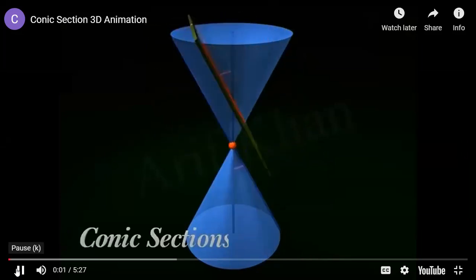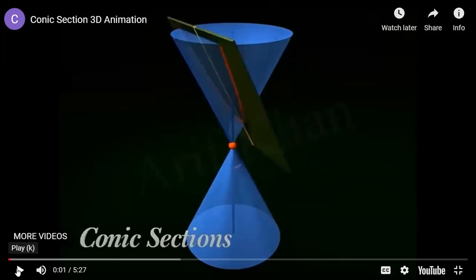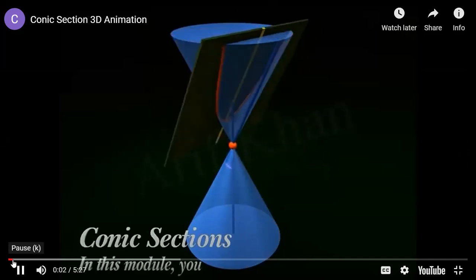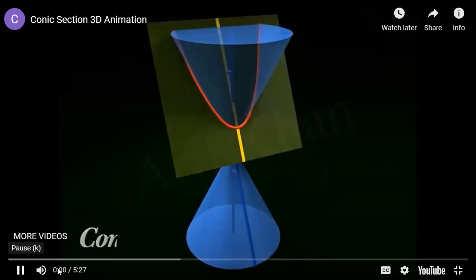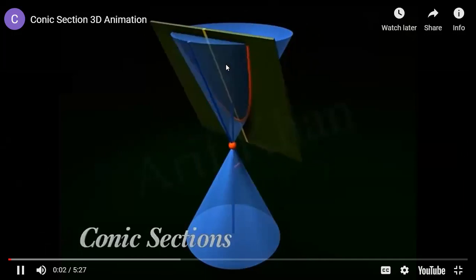Conic sections. In this module, you will learn about conic sections.